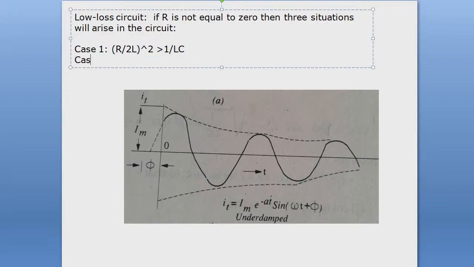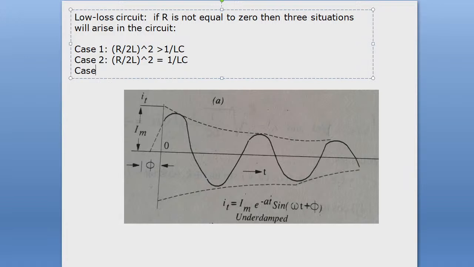Case 2: (R by 2L) whole square equal to 1 by LC. And case 3: (R by 2L) whole square less than 1 by LC.